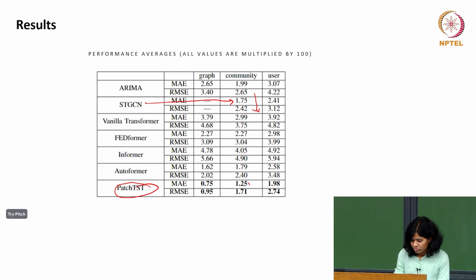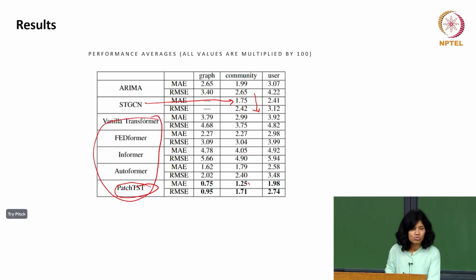So these are all transformer based methods, right? There's a huge number of parameters to train, it's not easy. So let's forget about them, we'll talk about them a little bit later, and just focus on these two, which are relatively simple. ARIMA is very simple, but STGCN is also relatively simple compared to these transformer based models.